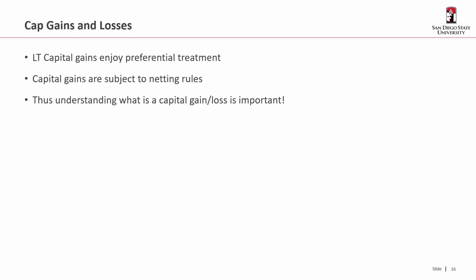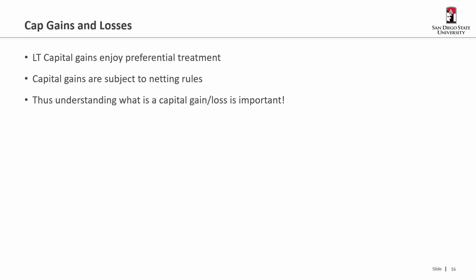Okay. So we've talked basically about property, and now we've talked about amount realized and adjusted basis. So let's apply this to a particular set of property. And what we're focused on here are capital gains and losses. And we know that capital gains are important because now we know that long-term capital gains enjoy preferential rate treatment, right? 0, 15, or 20%.